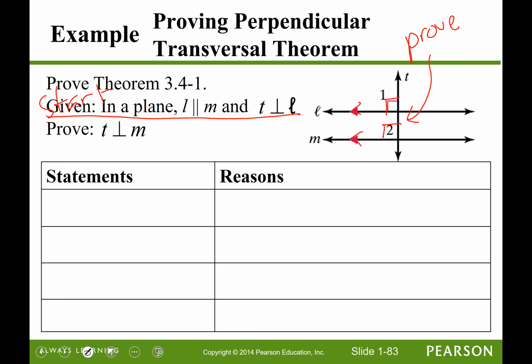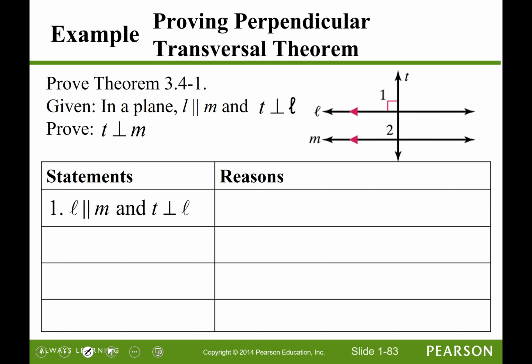All right, so let's make our first statement, the given information. Let me erase all my scratch work and redo it. We just take what's given and make that our first statement. Justification: given, okay? So we always know how to start without even really strategizing yet. Now it's time to strategize.